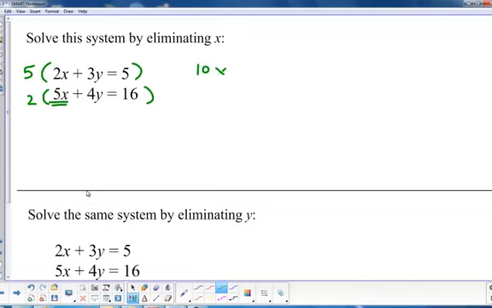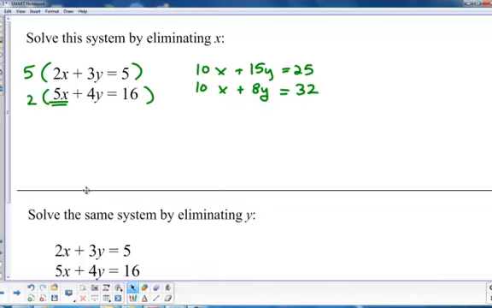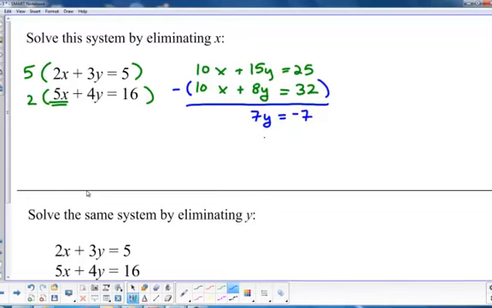So that's 10x plus 15y equaling 25. And the bottom gives us 10x plus 8y equaling 32. So this time I need to subtract because I didn't multiply by a negative. So 15 minus 8 is 7. And 25 minus 32 is negative 7. So y is negative 1.